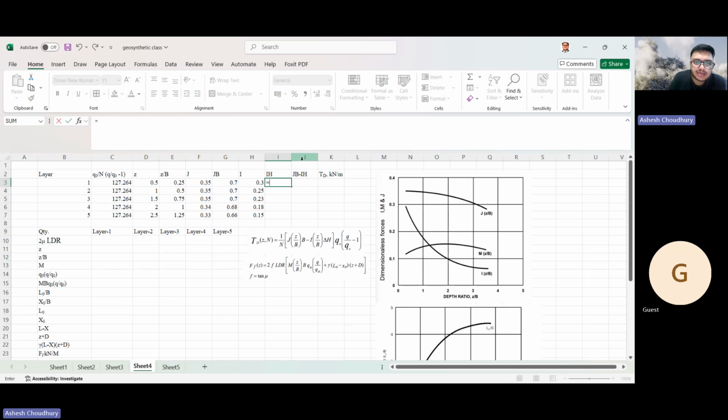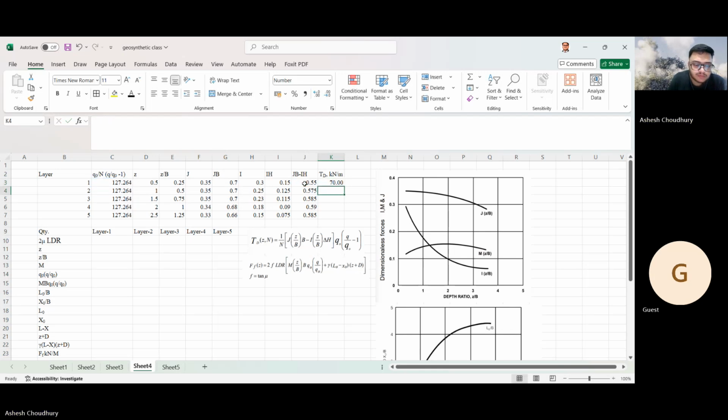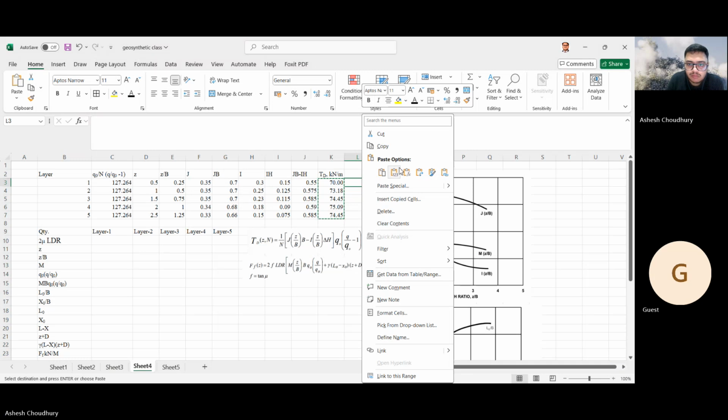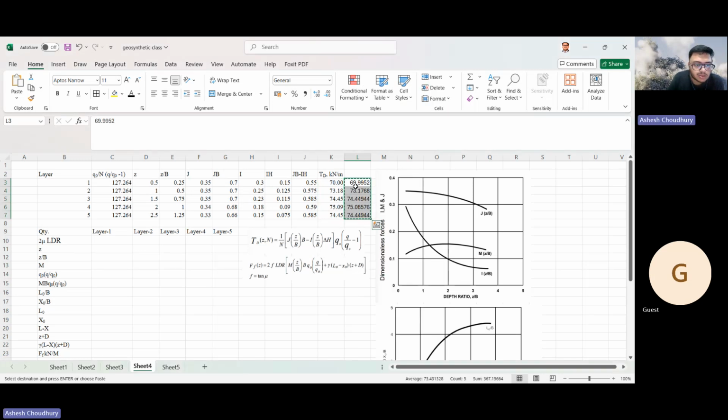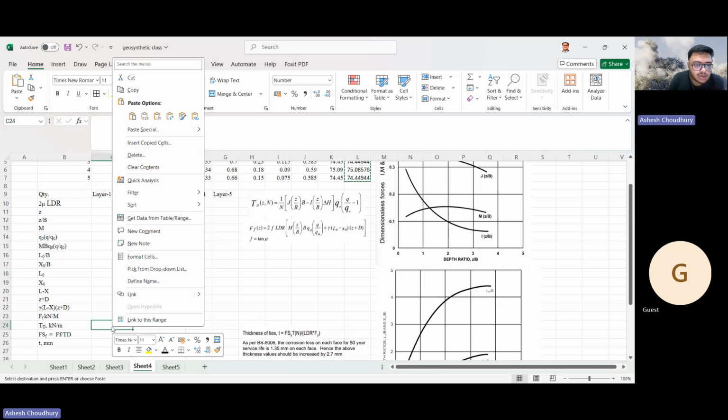Then I into delta H, where delta H is 5, minus IH, and so on, times the value here.